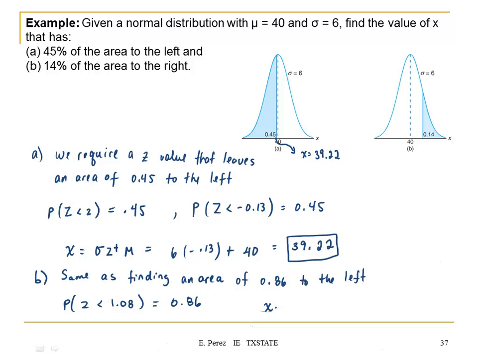So if you find x, this is 6 times 1.08 plus 4. Okay, and this is just to give you a better understanding of how to use the table, essentially.